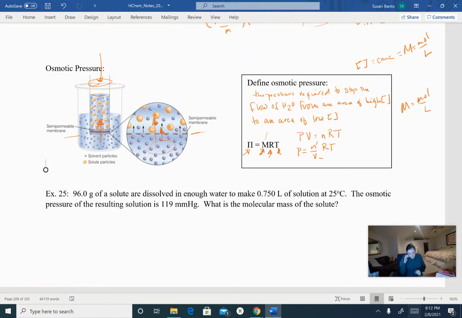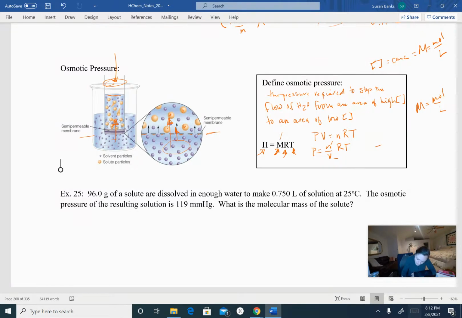Now, the temperature in the ideal gas law is done in Kelvin. And if you remember, the temperature in Kelvin is the temperature in Celsius plus 273, so it's based off of absolute zero. And our R, that gas law constant, is 0.0821 liters atmospheres divided by mole Kelvin.